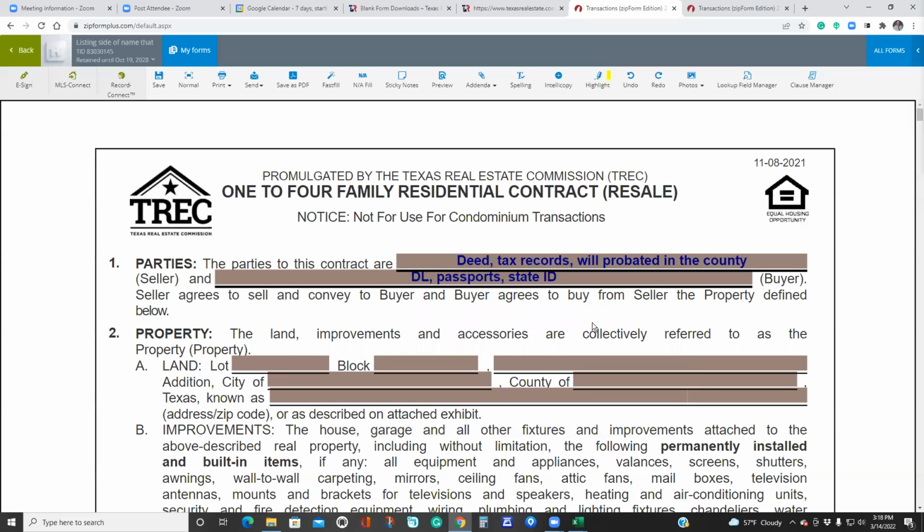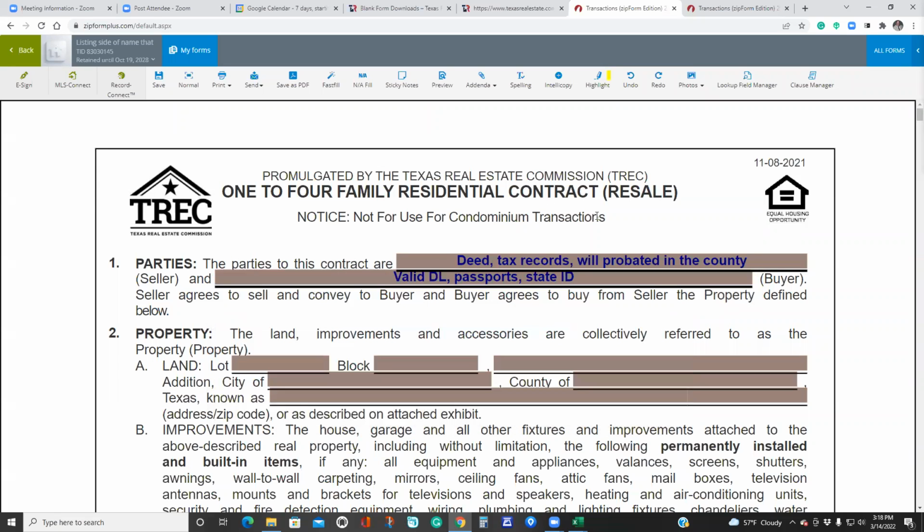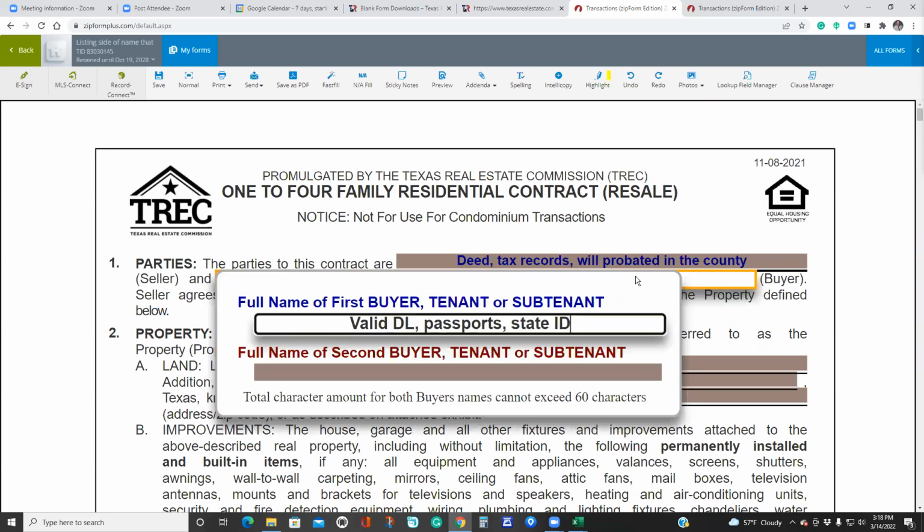And because the name has to be notarized, we want to make sure that it's the complete name the way it's supposed to be. A lot of times if we don't ask the buyer, like when we're doing the buyer rep, ask them for their ID so that you make sure you copy it right from there. The other thing, let me throw that in here as well, for both sides, it has to be a valid driver's license, meaning it cannot be expired, right? Everything has to be current.